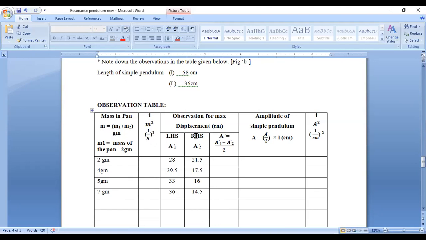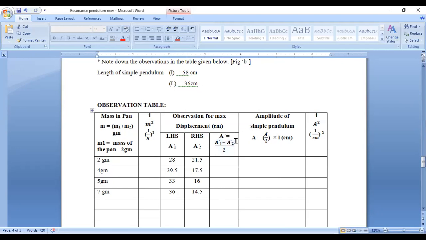Then for your observation of maximum amplitude, which I already mentioned how to take on the left hand side and right hand side, that is a1 dash and a2 dash. Find a dash equal to a1 dash minus a2 dash divided by 2. Find the amplitude of the simple pendulum equal to a dash over L. You know the length from the hook to the scale, which is already measured, 36 centimeter.